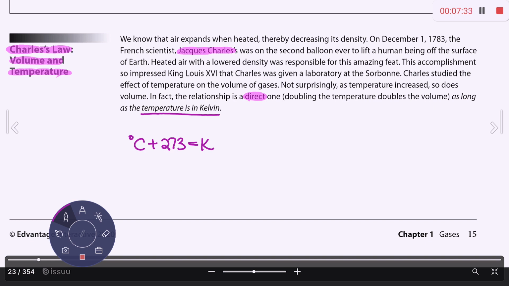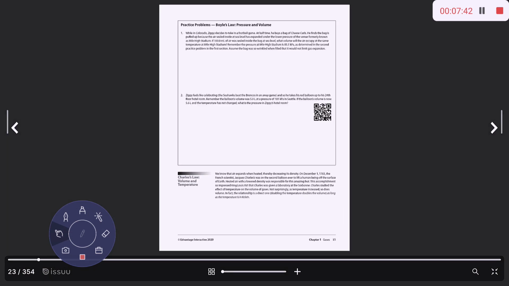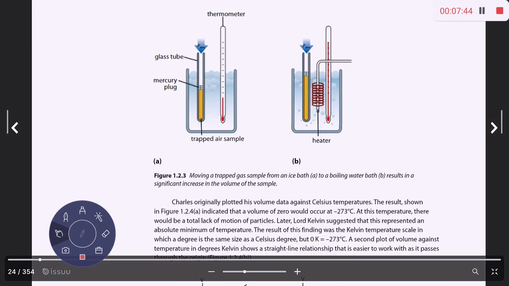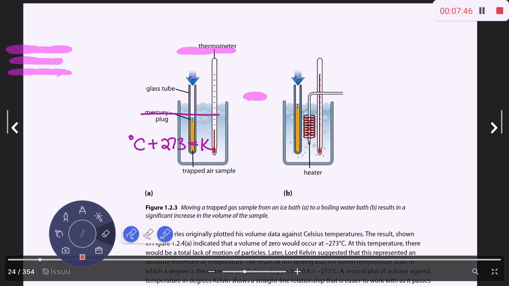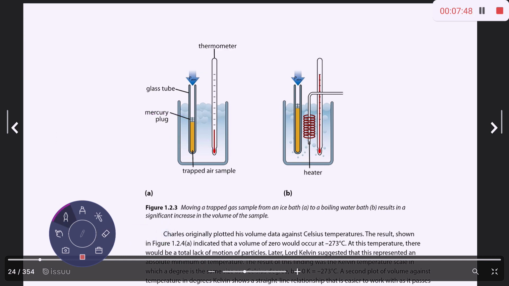Let's take a look at the next page. And let's look at this figure. Since I'm looking at the relationship between temperature and volume, here in this glass tube, they've got some air trapped.